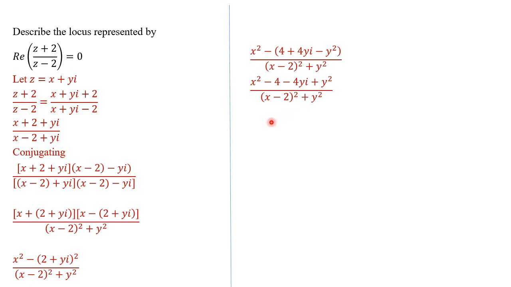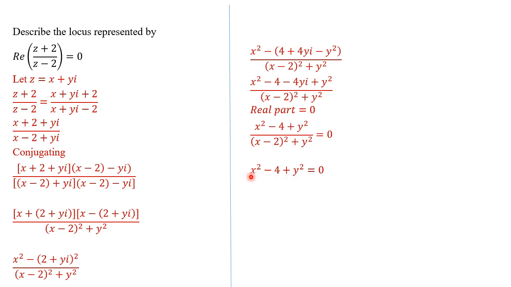Right, so the next thing now, we take the real part and equate it to 0. So our real part here is (x squared minus 4 plus y squared) all over (x minus 2) squared plus y squared, equals 0. So now we can cross multiply with the denominator, and we are going to be left with x squared minus 4 plus y squared equals 0.